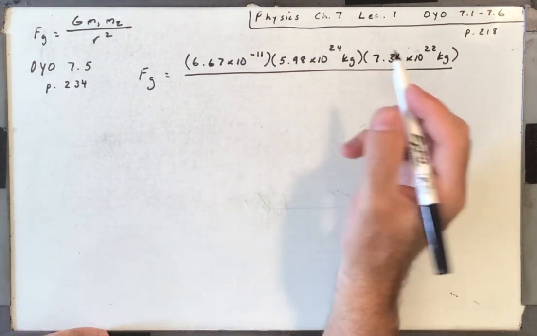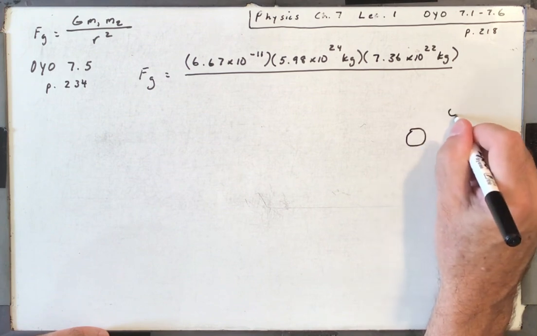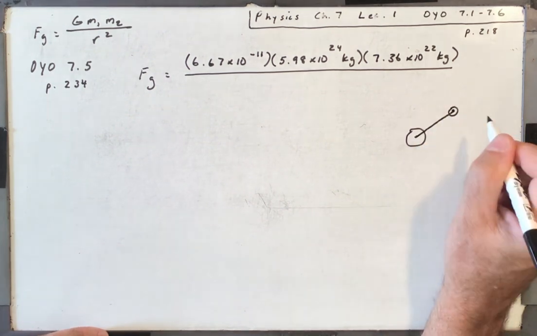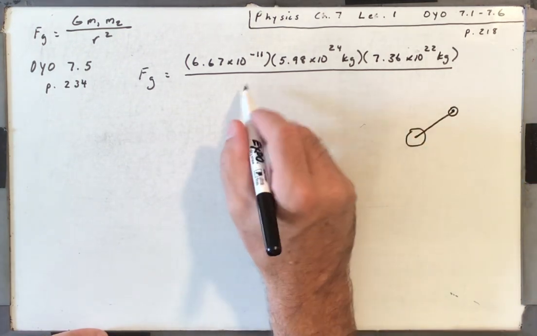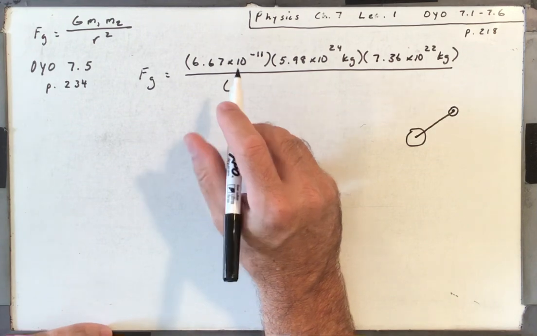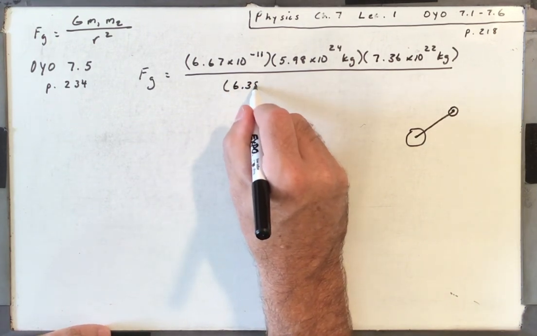Now we have to, again, it's from the center of the earth to the center of the moon. So they're making us work. They didn't just give us the radius. We have to add those three numbers together and then square it. Okay, so that's going to be 6.38 times 10 to the 6th meters.